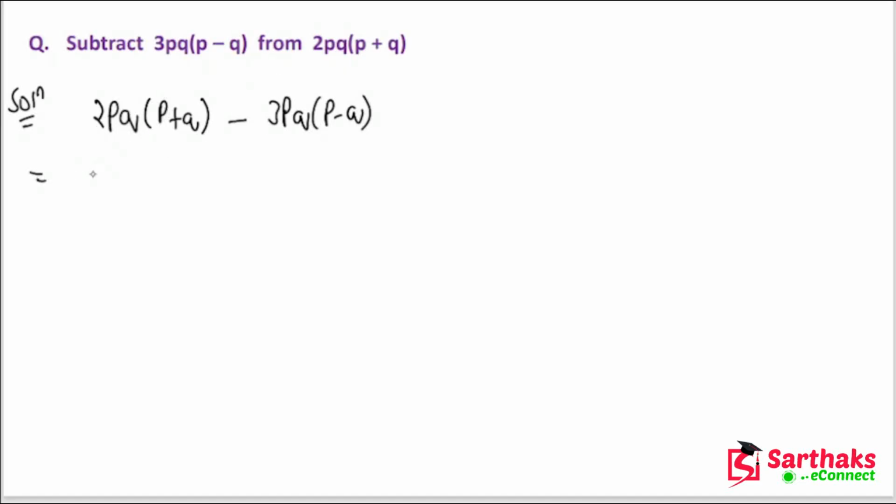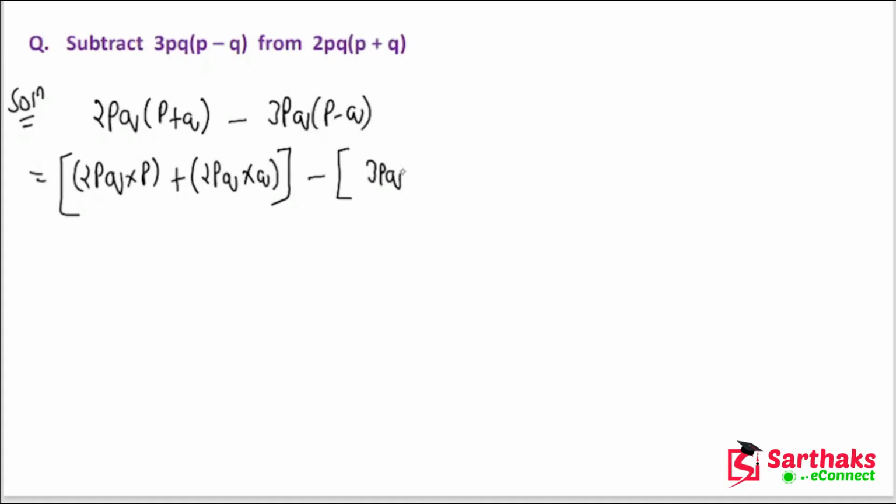So 2 into pq would be 2pq into p plus 2pq into q, minus 3pq into p minus 3pq into q.